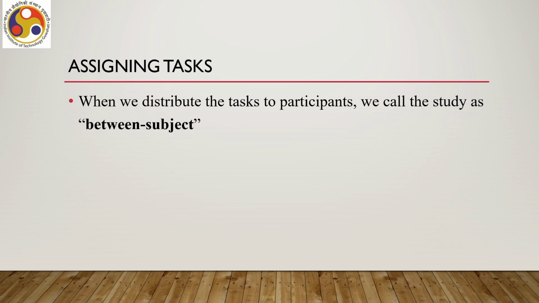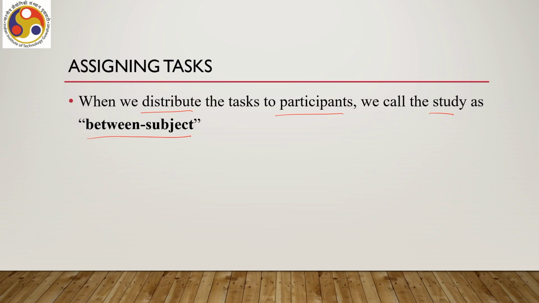Now, that is not the only way to assign tasks. Another is we can distribute the tasks to different participants. When we distribute the tasks to participants we call the study between subject. So, in case of a between subject experiment design, not all participants get to perform all the tasks corresponding to all the test conditions.